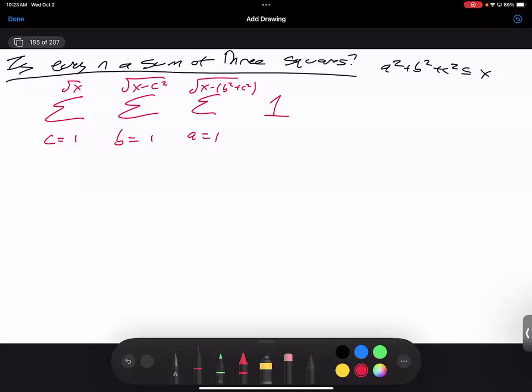But that's going to count a couple of things too many times. What should I divide this by? If I give you a triple a, b, c, how many ways are there to permute the triple?